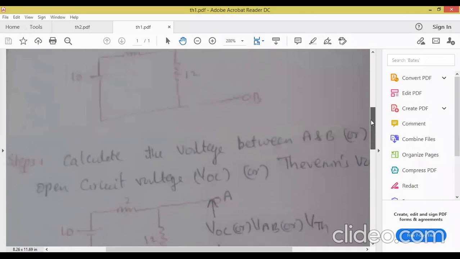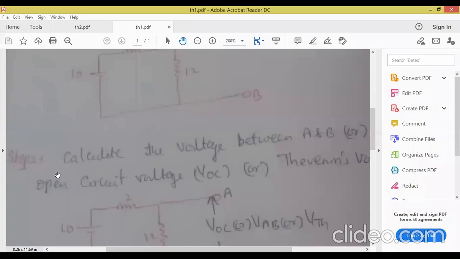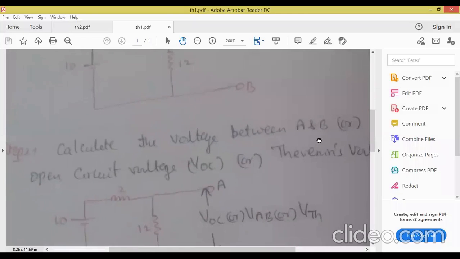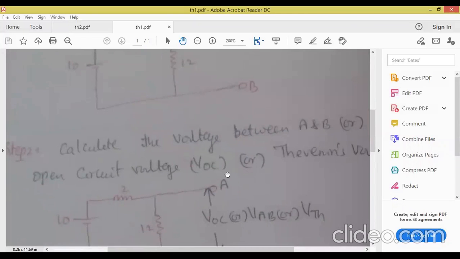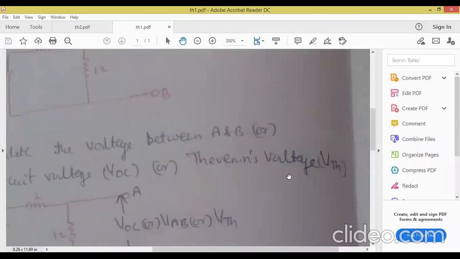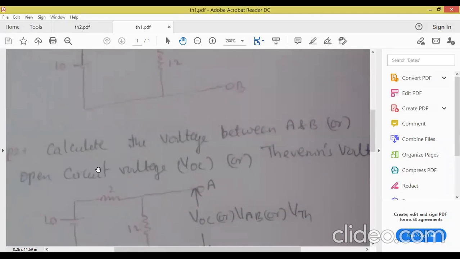Now you see, all of you, what is step 2? Calculate the voltage between A and B, or it is also called as open circuit voltage VOC, or it is called as Thevenin's voltage. Now what Thevenin has mentioned, he has given his name to the circuit, Thevenin's voltage. But what is the real name of Thevenin's voltage?